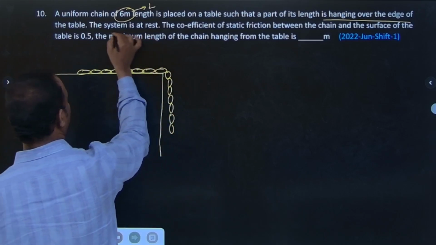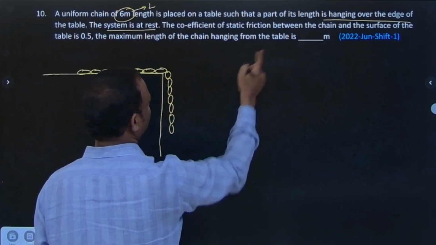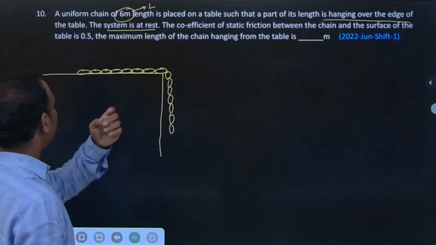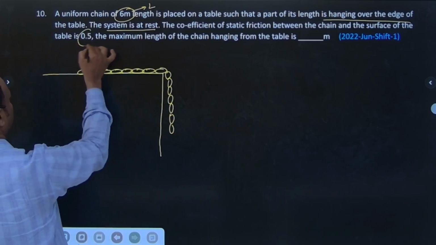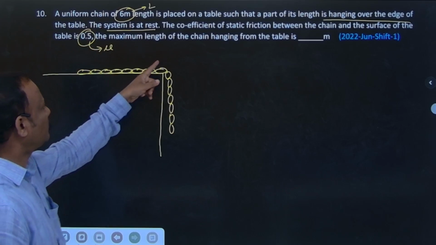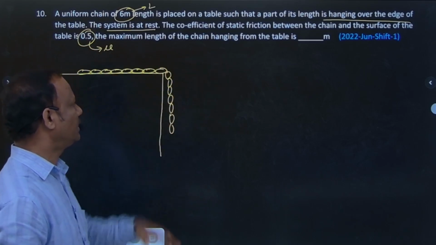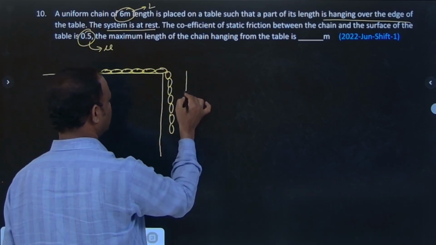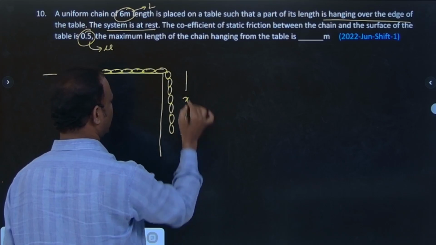The system is at rest. The coefficient of static friction between the chain and the surface of the table is mu, given as 0.5. The maximum length of the chain hanging from the table, let it be x, is what?